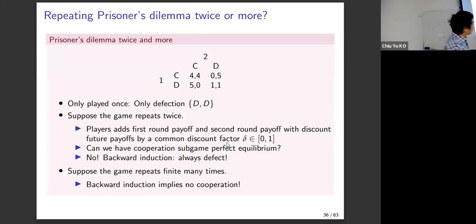So look at this example again, the prisoner's dilemma, right? It's a familiar thing. If you repeat twice, even though the discount factor is 1, you will always end up at DD. Very discouraging, right? And that's why we always join, because there is no way to escape. We join from kindergarten, primary school, secondary school, Gaokao, and now the Ph.D.